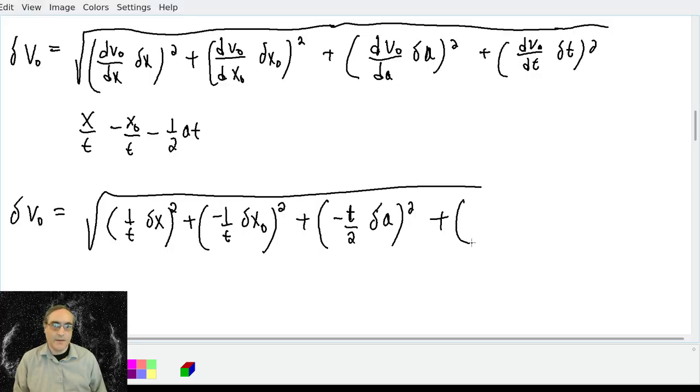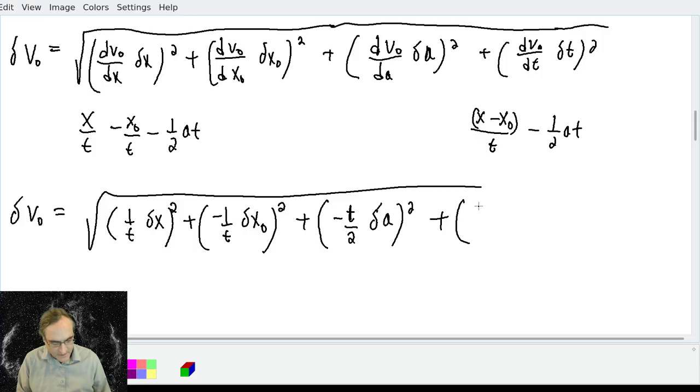So you'll have to think about what the derivative of each piece would look like. The first two are kind of okay to think about together. For this one, I would suggest mentally rewriting it as x minus x initial over t minus 1/2 at, because that'll make it easy to think about the parts.